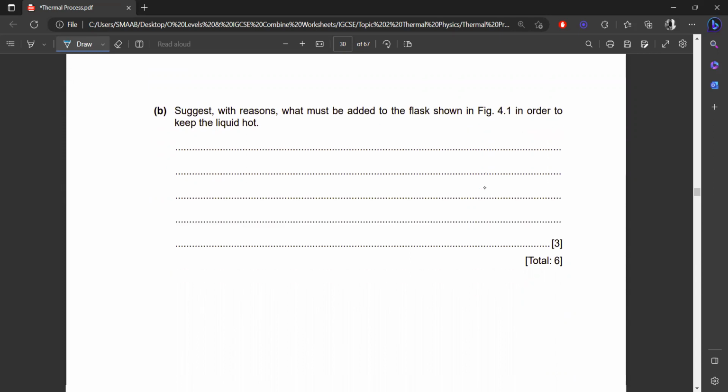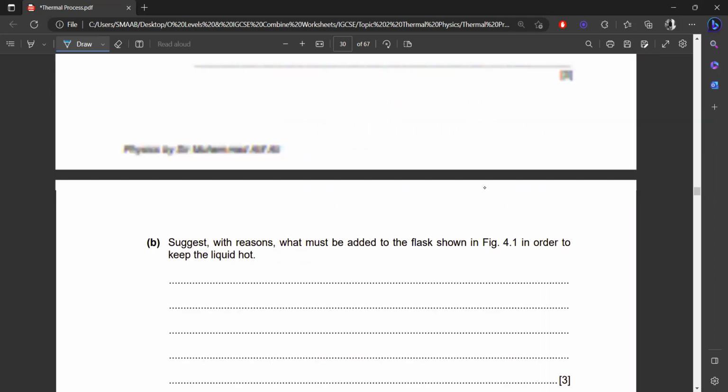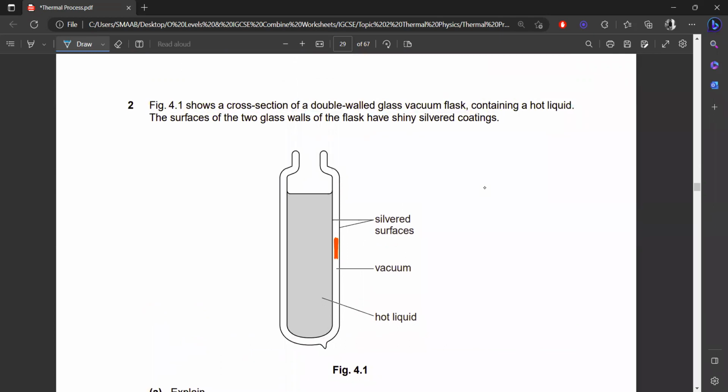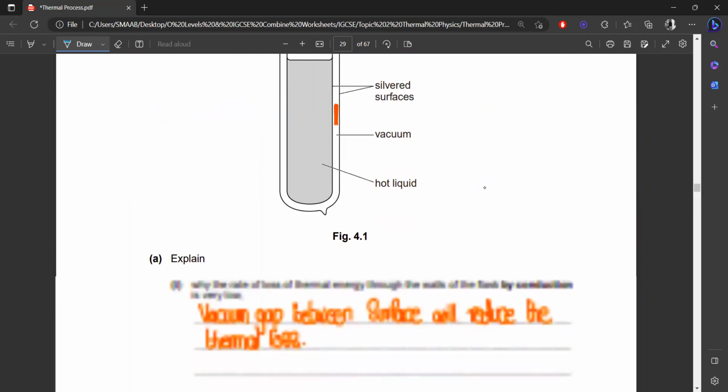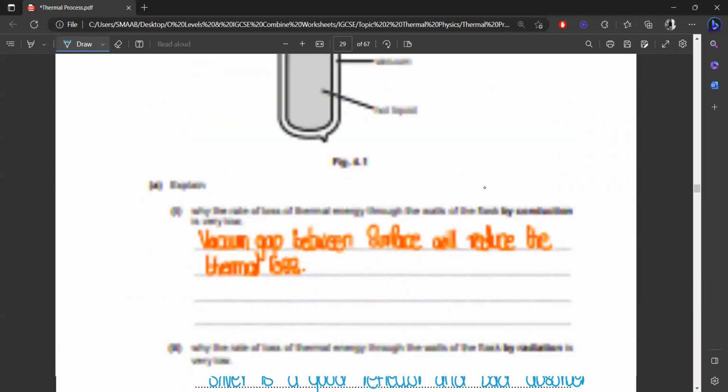Okay, part B: suggest with reasons what must be added to the flask shown in figure 4.1 in order to keep the liquid hot. If you consider the diagram, you need to answer what we must add to the flask in order to keep the liquid hot. A black coating?